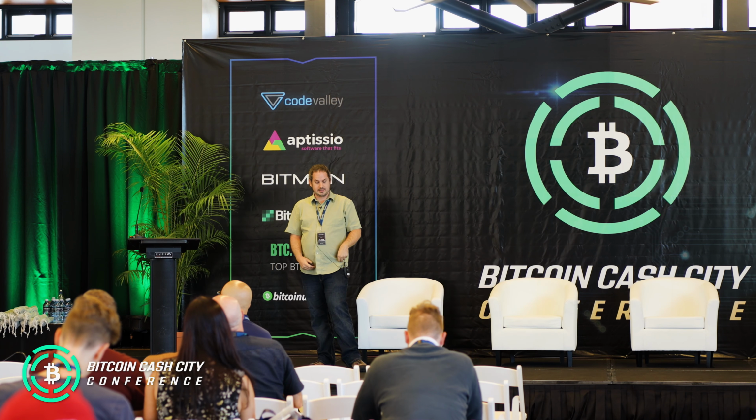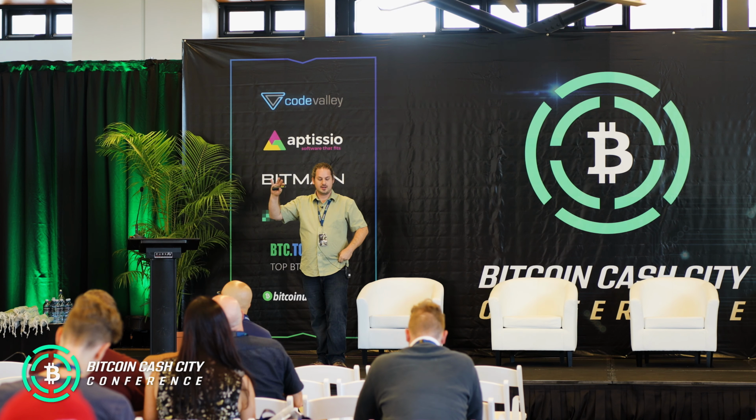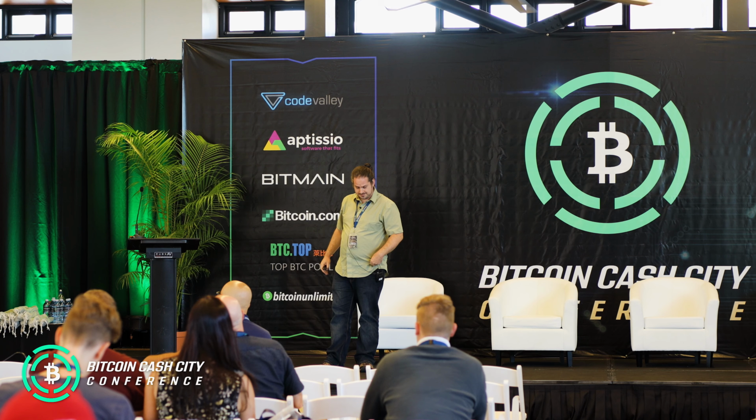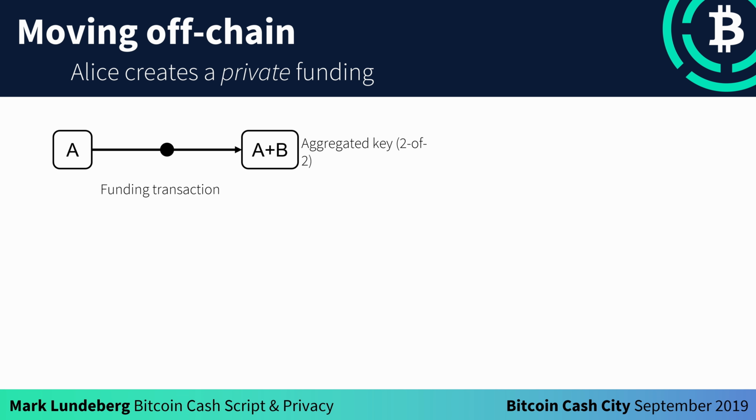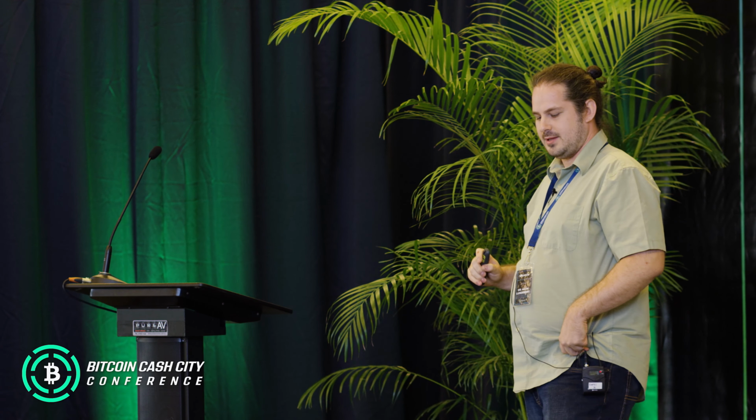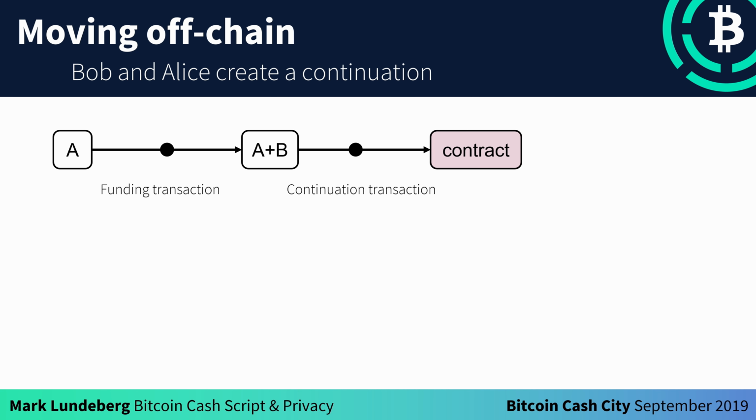So instead, we can move that smart contract off-chain. And this is how you do it. Alice is first going to send her money to an aggregated public key address that she shares with Bob. But she's not going to broadcast that transaction yet. She's just going to keep that private. And then she goes to Bob and says, okay, I need you to sign a transaction so that when the money goes to that address, there's going to be a coin with this serial number.